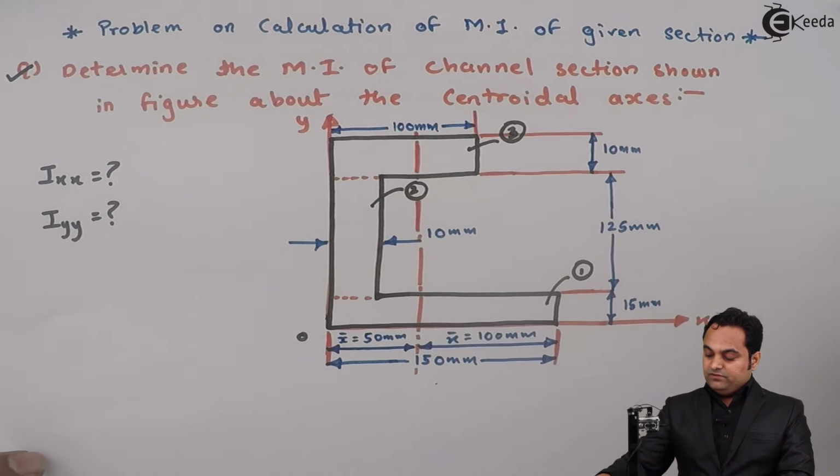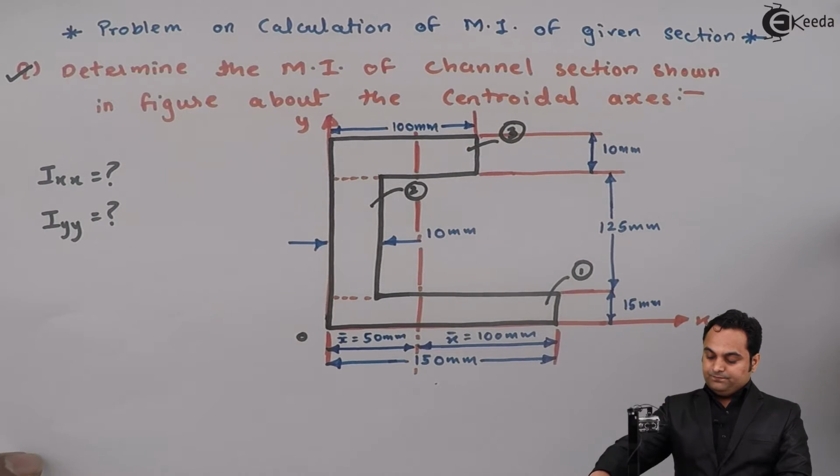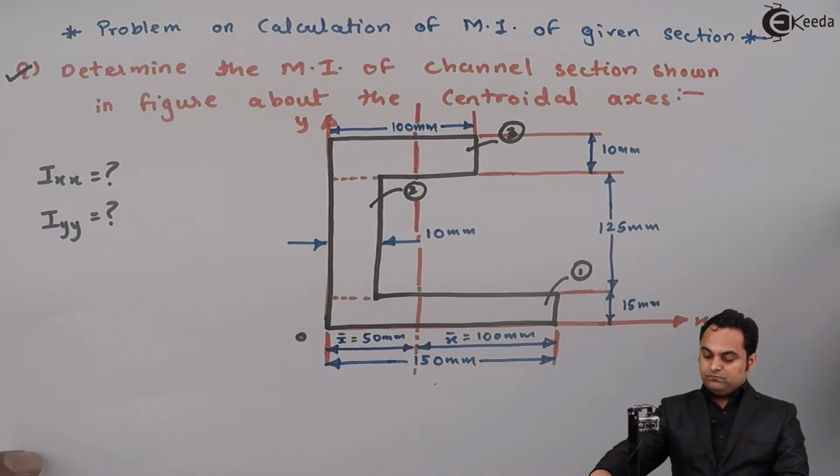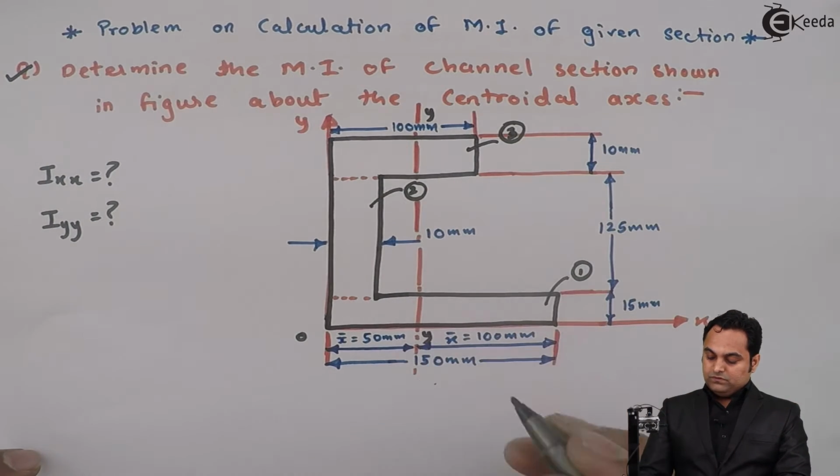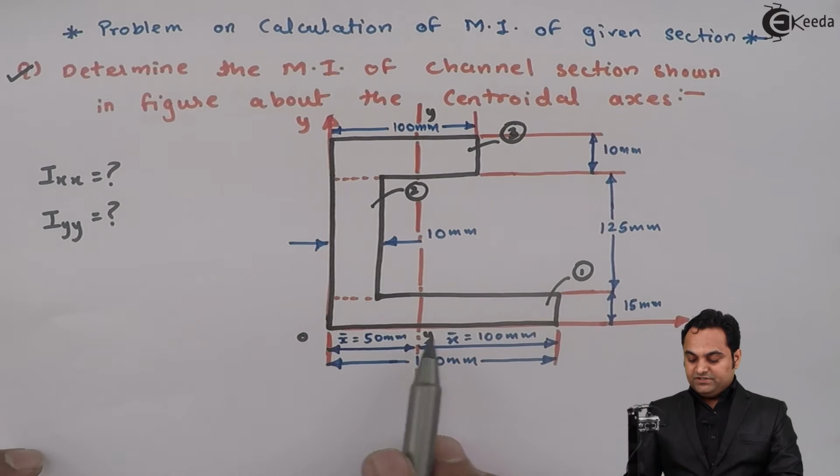So here we have the y-axis. This is the y-axis for the complete C section.